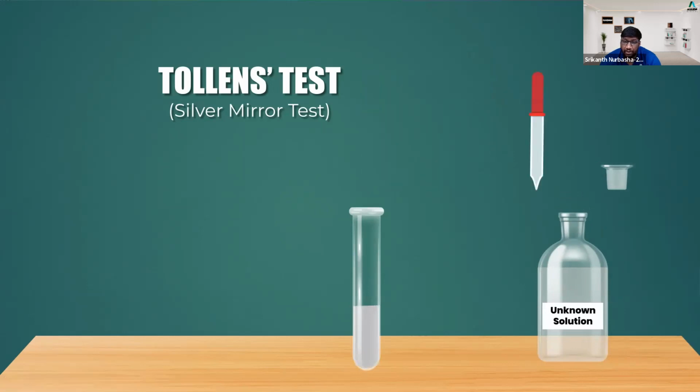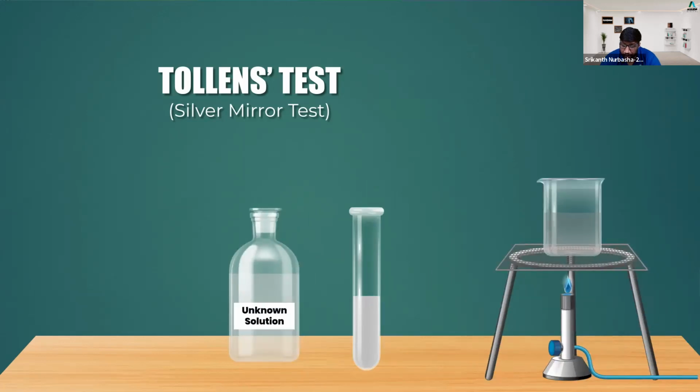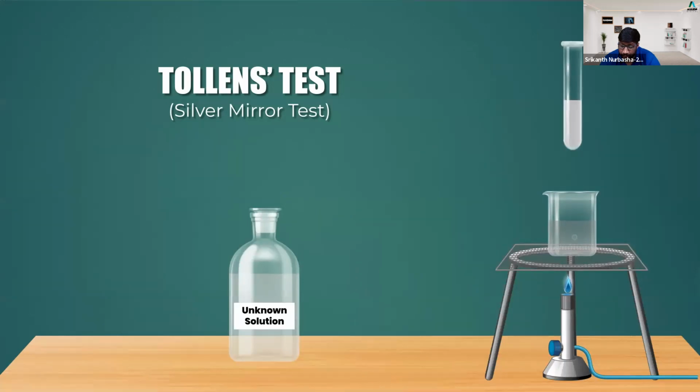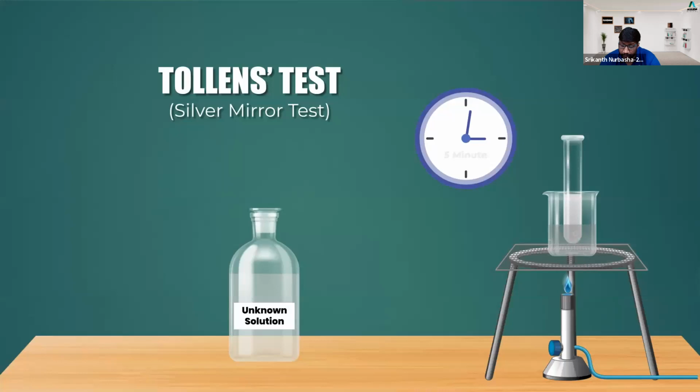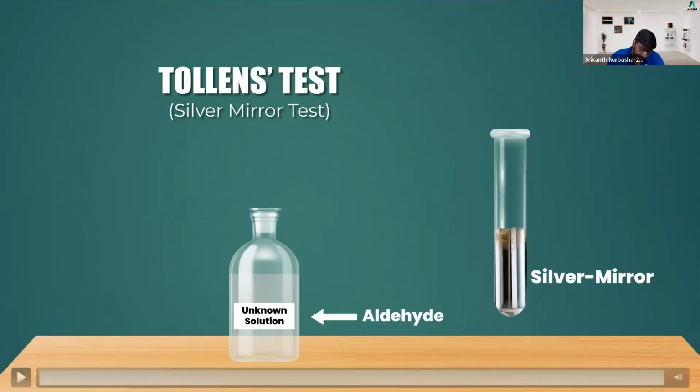And the unknown solution is added, and if you heat it, that will indicate the unknown solution to be an aldehyde. It can be an aliphatic aldehyde or an aromatic aldehyde because it leads to the formation of a silver mirror.